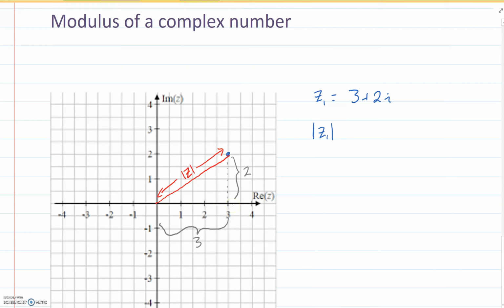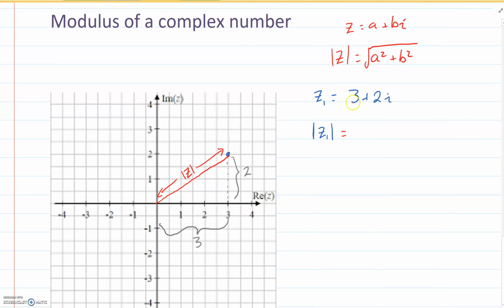Now, in your books, it gives you the formula. In your log tables, it's going to give you the formula. The formula is the square root of a squared plus b squared, when z is equal to a plus bi.